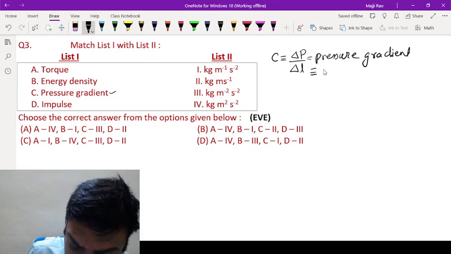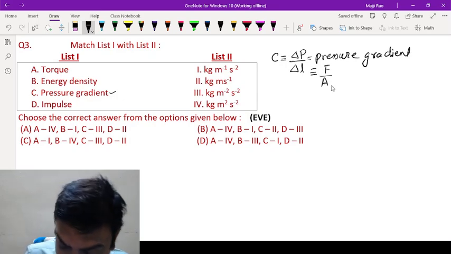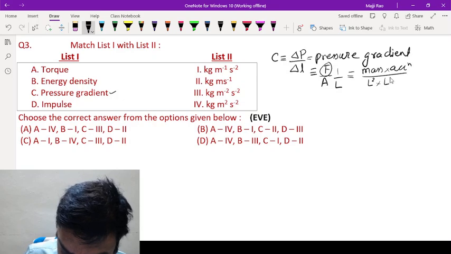And pressure itself is force upon area. Remember, change in pressure and pressure will have same dimensions. And length is L. So force is mass into acceleration, whereas area is length square.